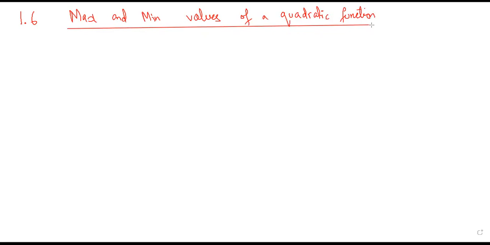It is 1.6 maximum and minimum values of a quadratic function. Okay, this is what we need to discuss for now.